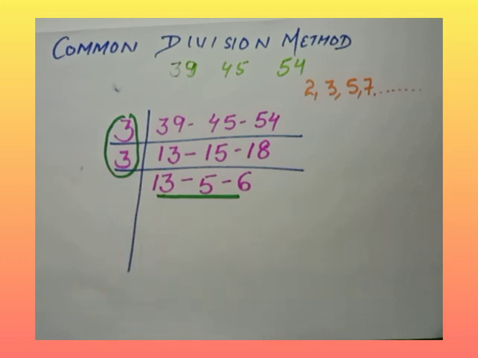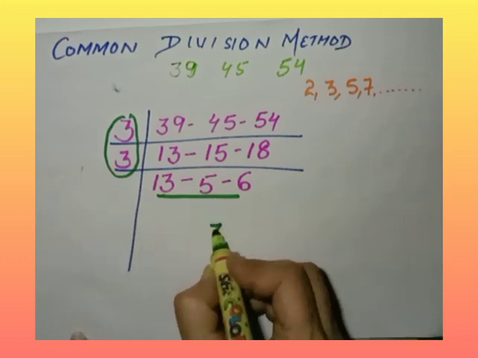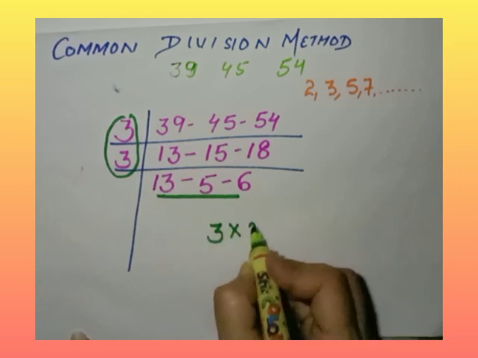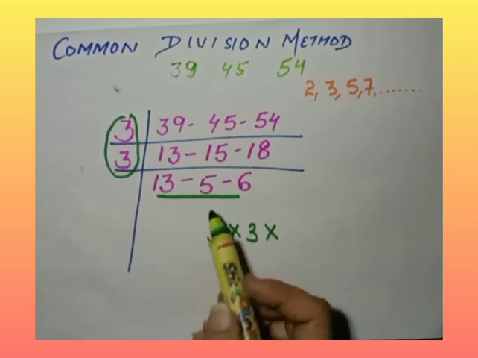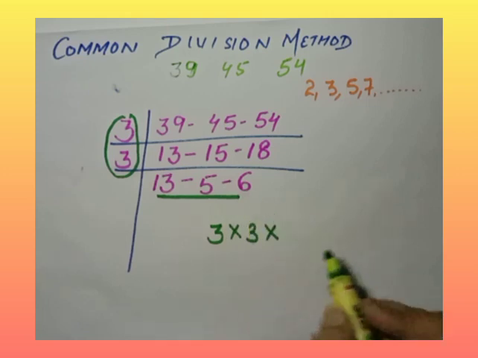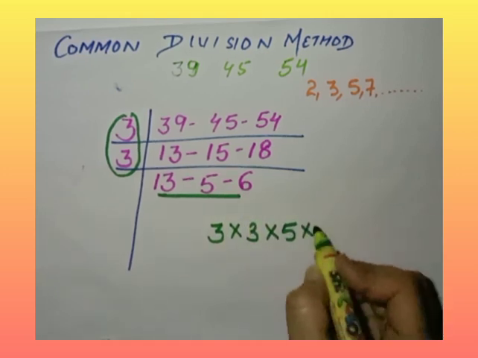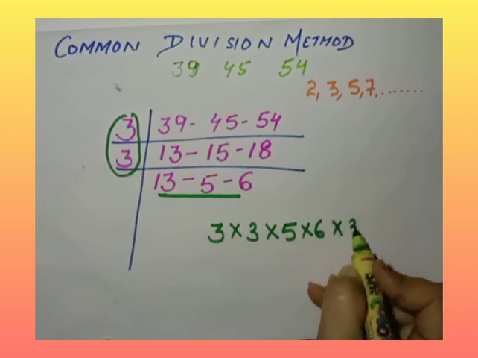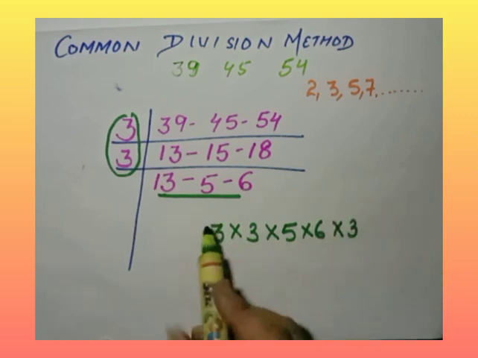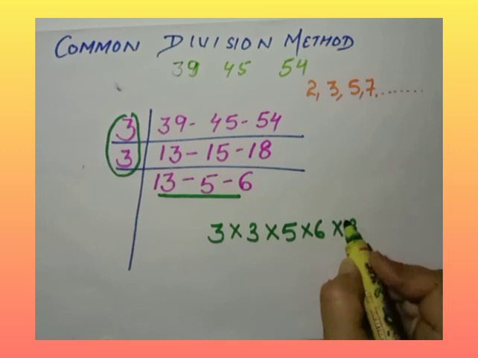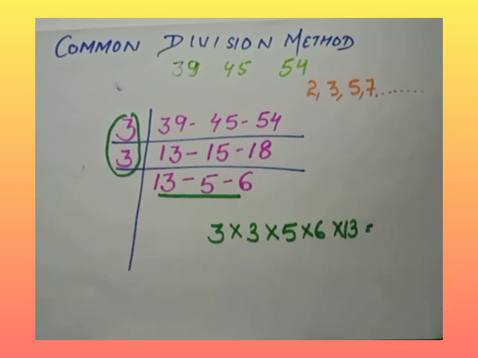To find the LCM, we'll write 3 multiply 3 multiply 13 multiply 5 multiply 6. Now what will we get? 3 threes are 9, and 9 fives are 45.